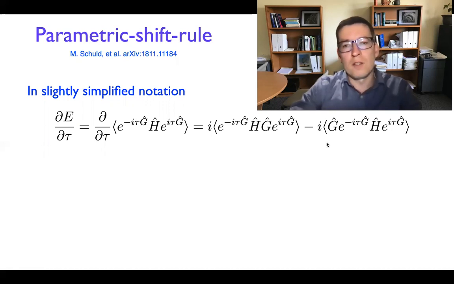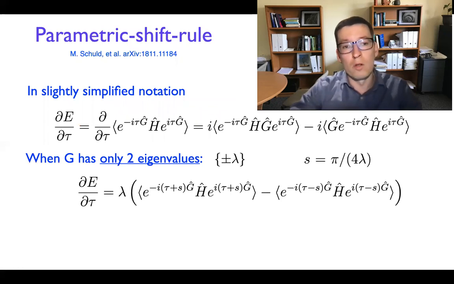And it turns out that this gradient can be obtained, for generators that have only two eigenvalues, plus minus some lambda, using the so-called shift rule. The name comes from the fact that the gradient is just a scaled difference between the two expectation values of the Hamiltonian, with, again, the same circuit, because the same generator is present, right?